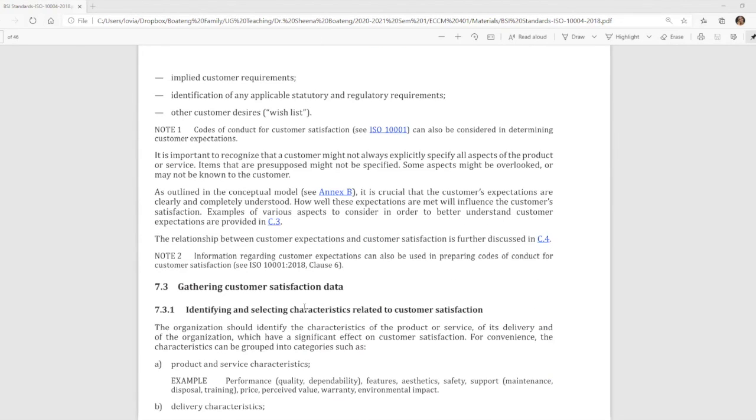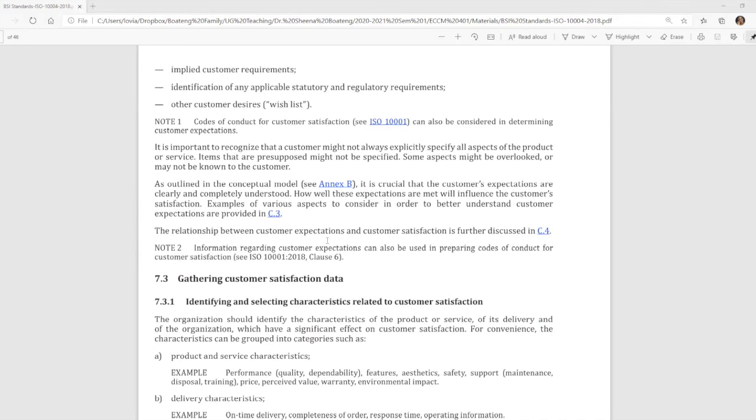ISO 10001. Code of conduct, good. So you can put the requirements in the code of conduct to let whoever is serving the customer know that this is what they require of us. So however you conduct yourself, you need to make sure that their requirements are met.